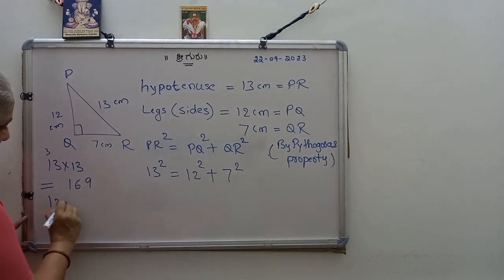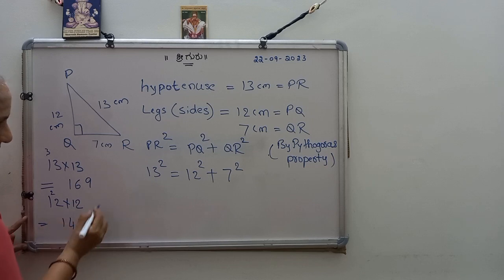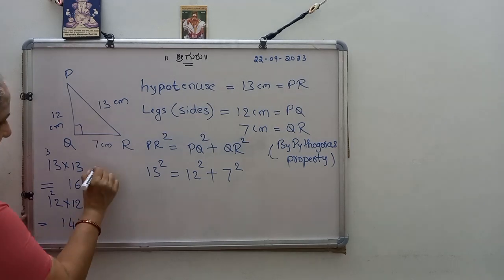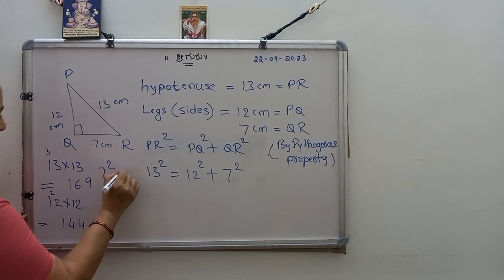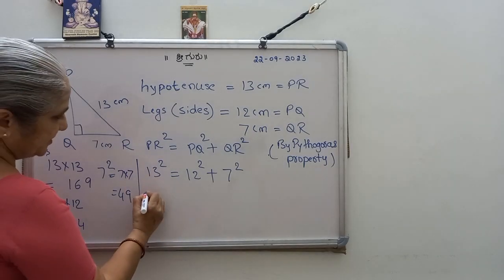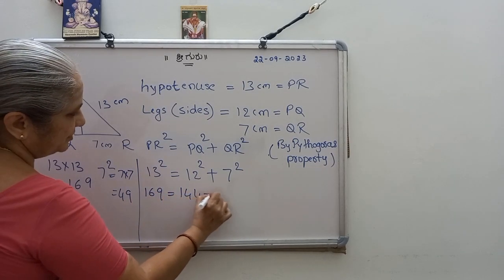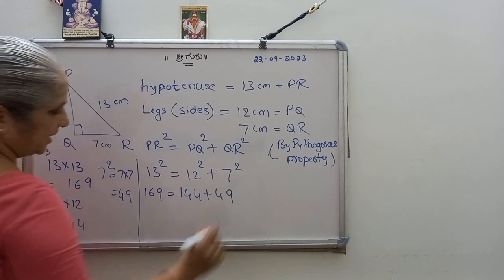So 169. And what is 12 into 12? 12 twos are 24, 2 carry. 12 ones are 12 plus 2, 144. And what is 7 square? 7 into 7 is equal to 49. So 13 square is 169, is equal to 144 plus 49.